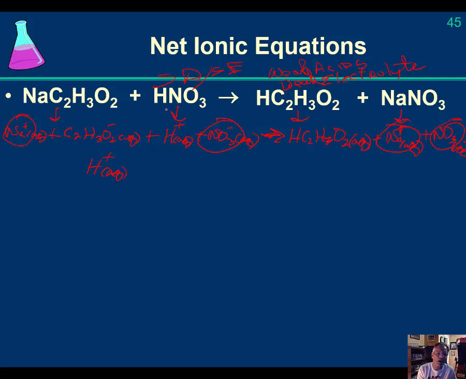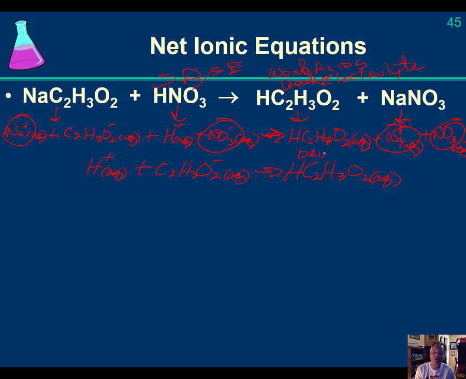I've got H plus from the strong acid, and I've got acetate from the sodium acetate, C2H3O2 with a -1 charge, aqueous, and here's our driving force, the weak acid, HC2H3O2, and it is also aqueous. It's dissolved, it's just not completely dissociated. It's only partially ionized. All right, so how is this the driving force?